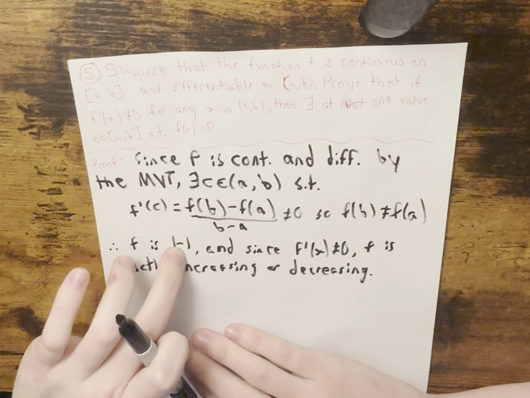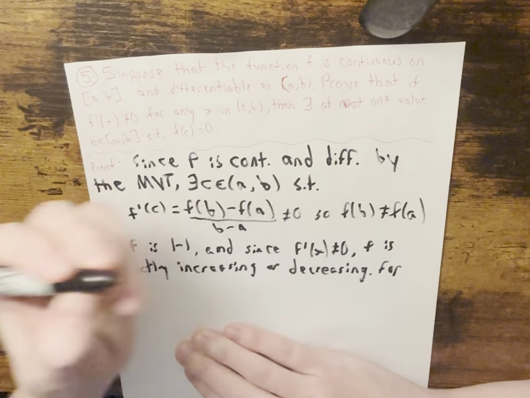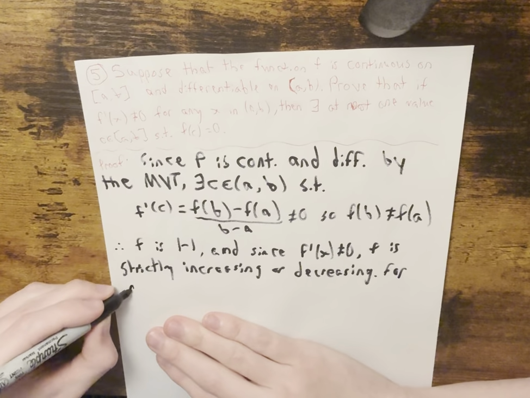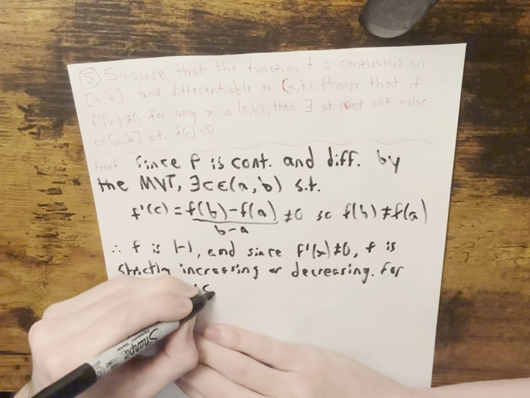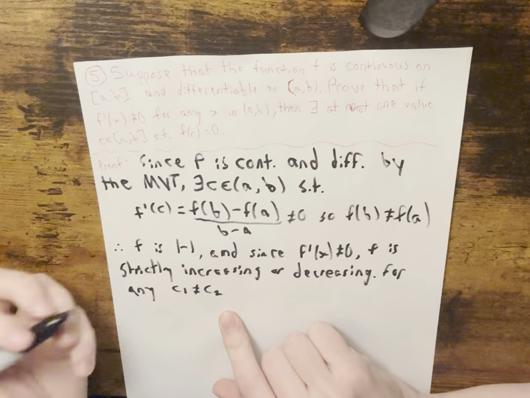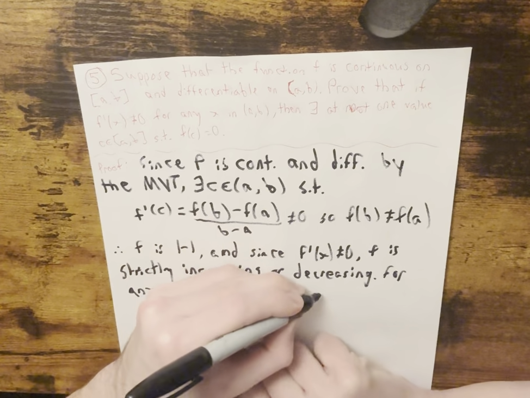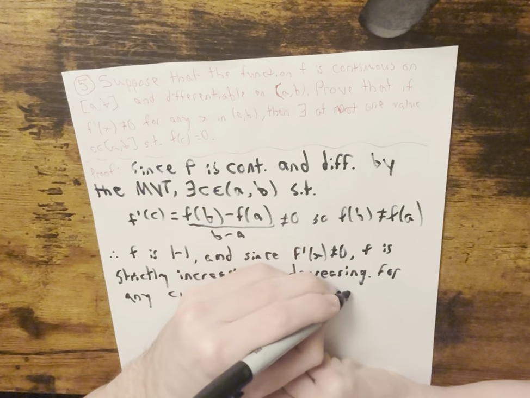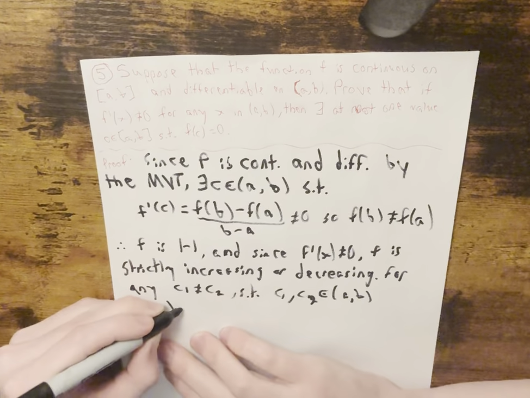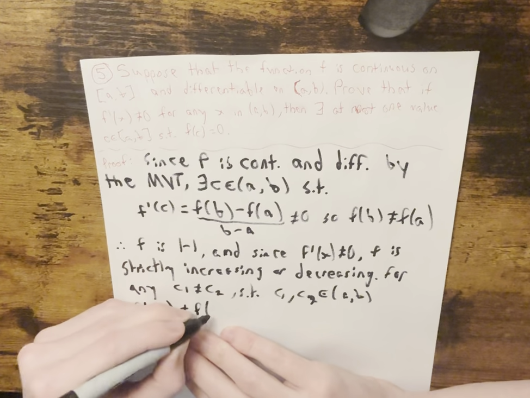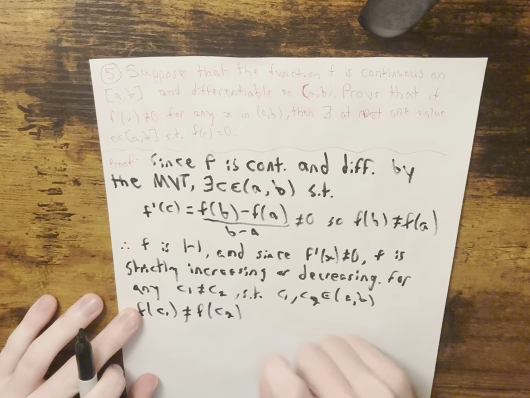Since it's one-to-one and it's strictly increasing or decreasing, for any distinct c1 and c2 values such that c1 and c2 are between a, b, f of c1 will never equal f of c2. This is coming directly from the definition of being one-to-one.